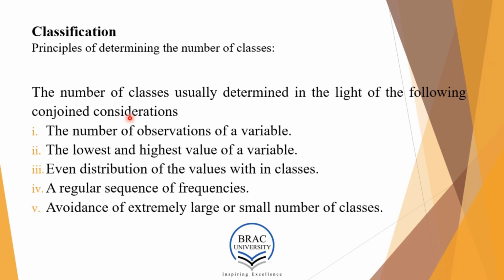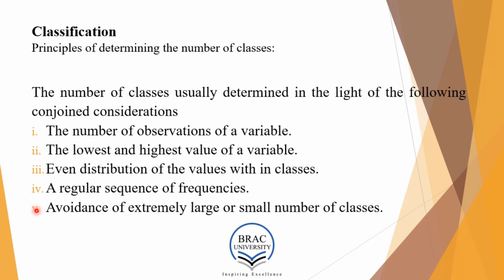Classification is mostly based on how many observations we are dealing with, what is the lowest value or the highest value of the variable, what is the natural diversity of the particular data set. We also need to focus on a regular sequence of frequencies and also avoidance of extremely large or small number of classes.